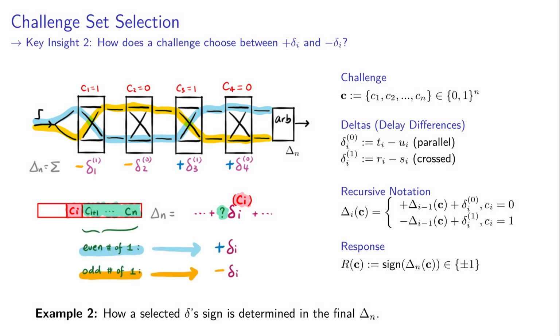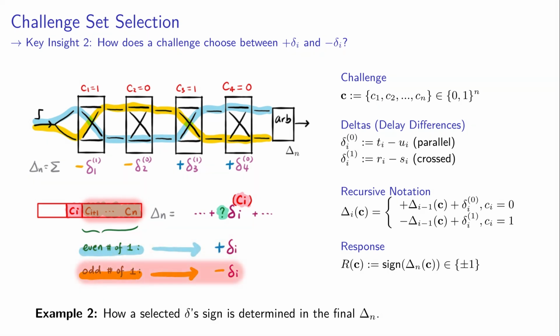Since a chosen delta's sign is flipped each time the crossing tracks are selected afterwards, the sign of a delta included in the delta in depends on the parity of the challenge bits issued to the remaining stages. If there is an even number of ones, then the two racing signals will swap paths an even number of times, preserving the sign of the delta chosen at the current stage.